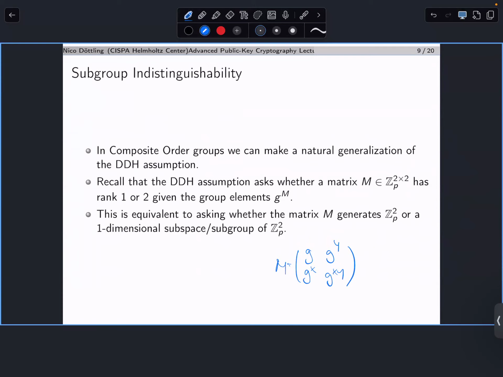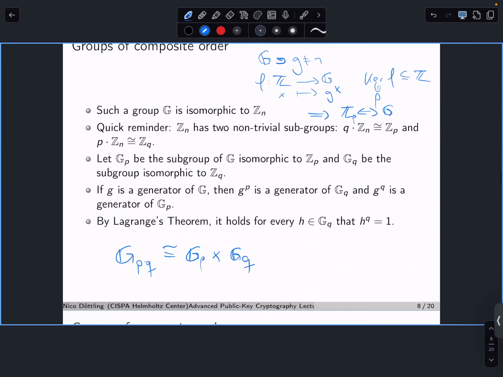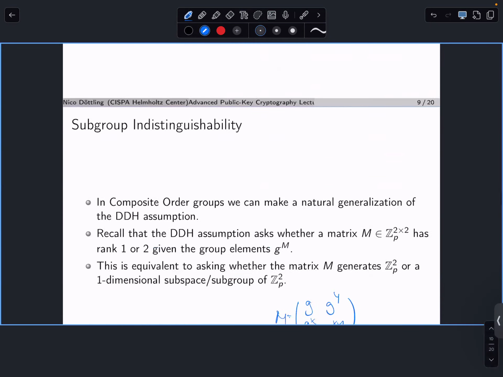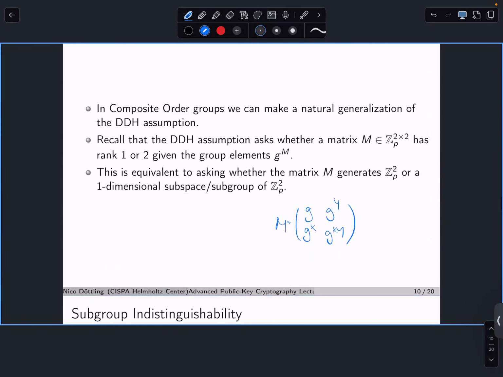Something I alluded to is that groups of composite order, as we can always write them as GP times GQ, are not that different from, let's say, vectors of group elements, right? If we have a group GP and look at the group GP squared, two-dimensional vectors of group elements, that's itself, of course, a group. Composite order groups are not that different, right?